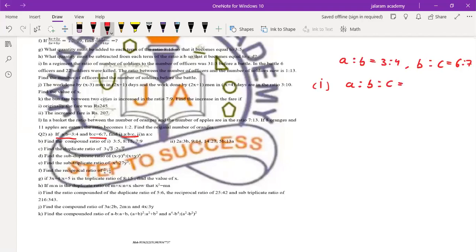So how to find this? So read the ratio once. A is to B equals 3 is to 4. B is to C equals 6 is to 7. B is consequent of first and B is antecedent of second ratio.